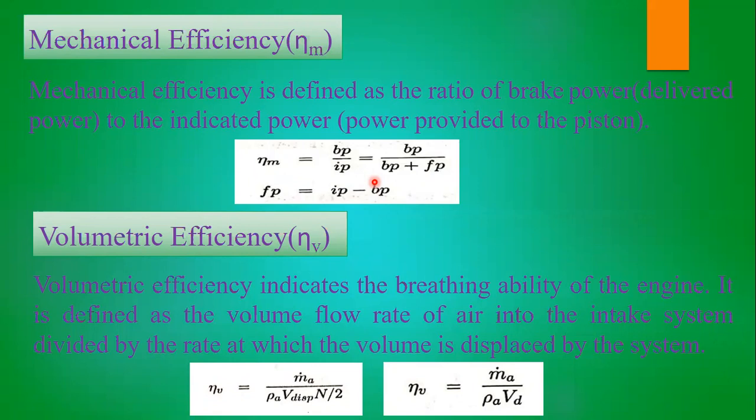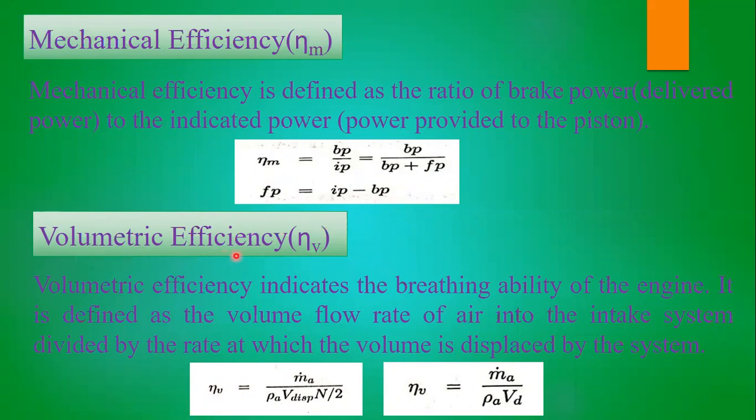Meanwhile, transfer of energy from the crankshaft to the gearbox also differs, and some of the power is lost. So brake power is nothing but the power available to run the crankshaft. That is mechanical efficiency.